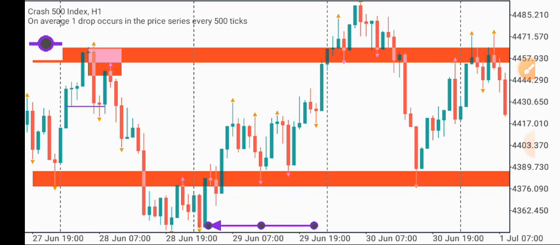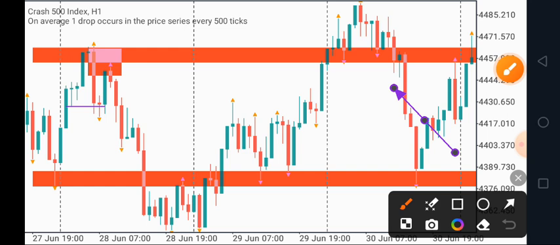So this is an engulfing candlestick pattern. But in this case here, you notice that price created this high here and this other high, and price created a high here and started turning. This is our chart pattern. This is a head and shoulders chart pattern.